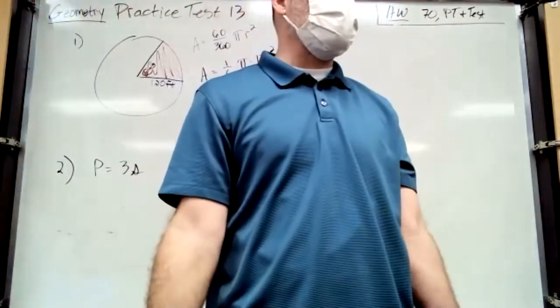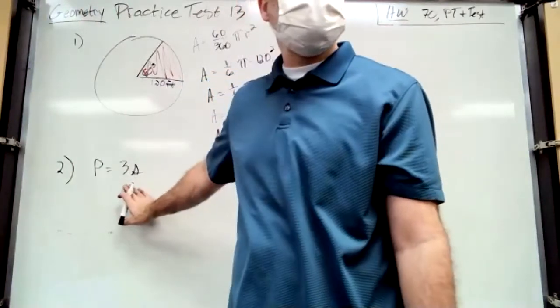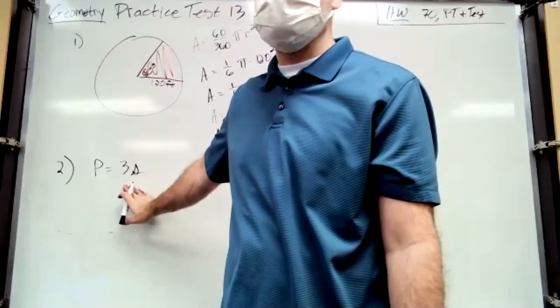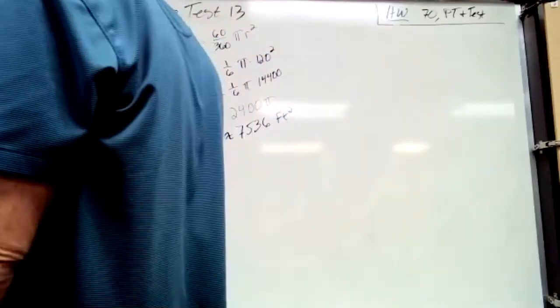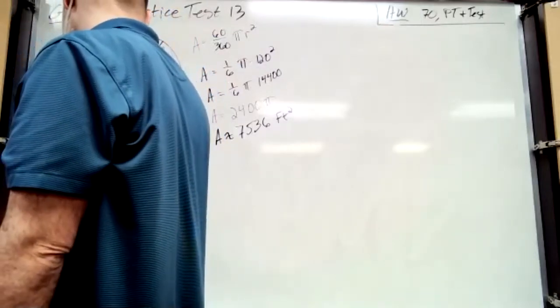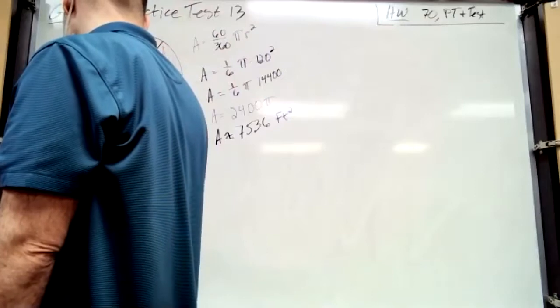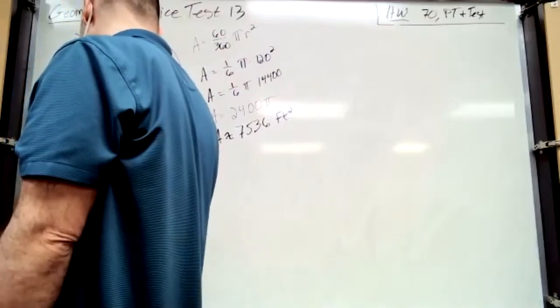If it's equilateral, they're all the same, right? So this is the perimeter of an equilateral triangle. So now we just solve for S. So P is 46.8. 46.8 equals 3S. So divide by 3, divide by 3.